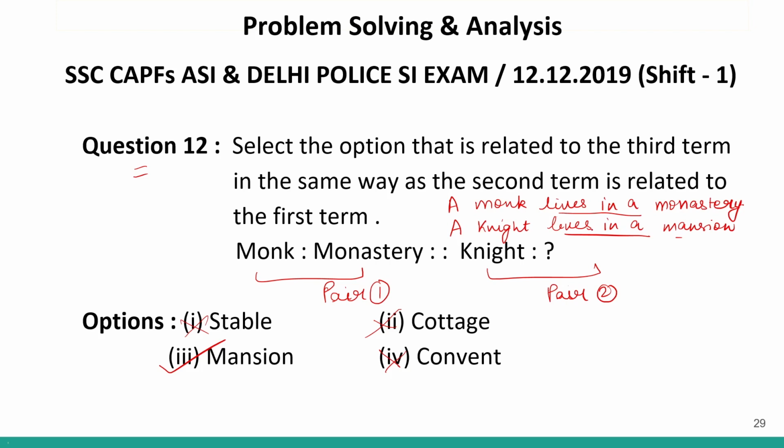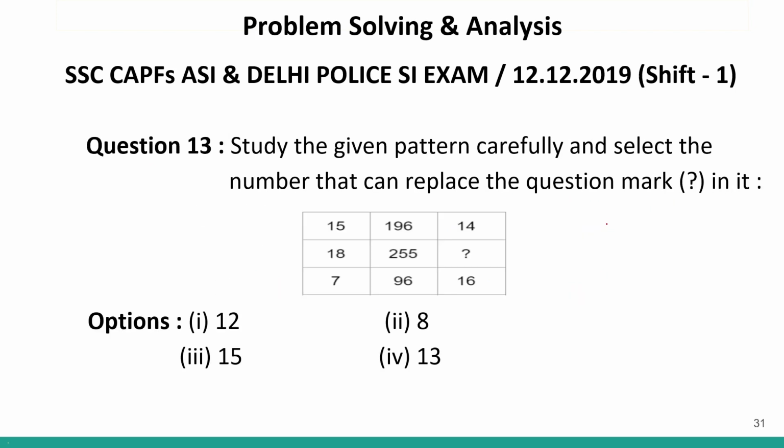Okay. Now let us move on to question number 13. Question number 13, again a question of logical grids. I told you that either you can get a 3 into 3 grid, a 4 into 4 grid, or a 4 into 3 grid. This is what we discussed. These 3 possibilities are there for your logical grid questions.